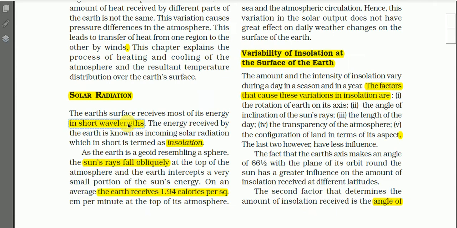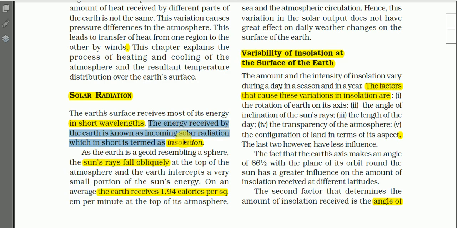So the Sun radiates energy mainly in the form of short waves, and the energy received by the Earth is known as incoming solar radiation, which in short form is insolation.